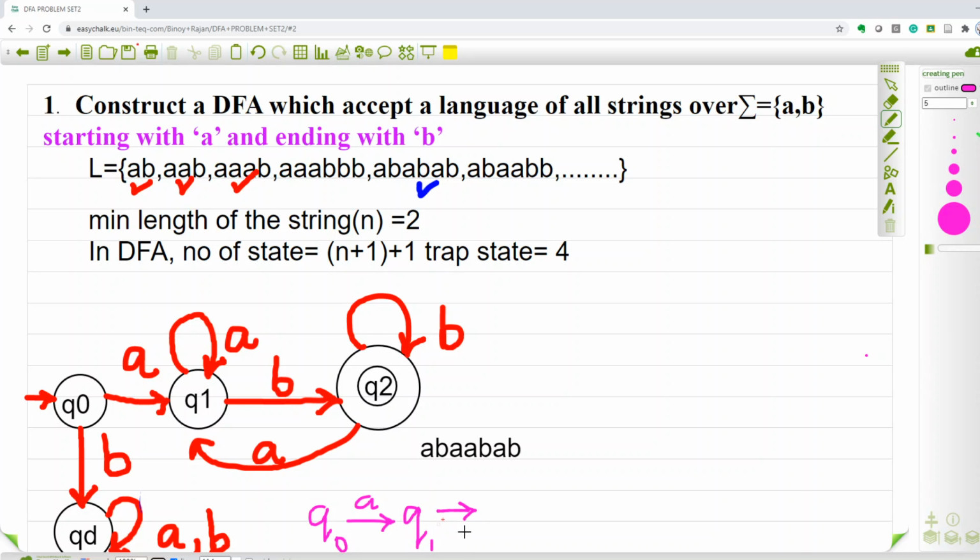Okay, with Q1 B transition, I am in Q2. Q2 with A transition, I reached Q1. Q1 with A transition, I am in Q1. Okay, so A, B, A. Now from Q1 with B transition, I reached Q2.